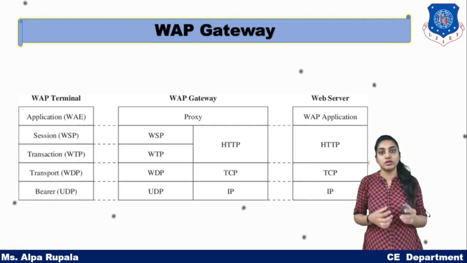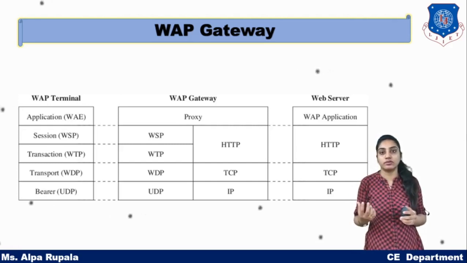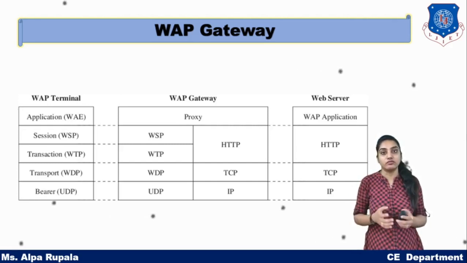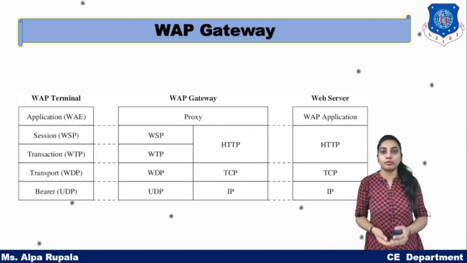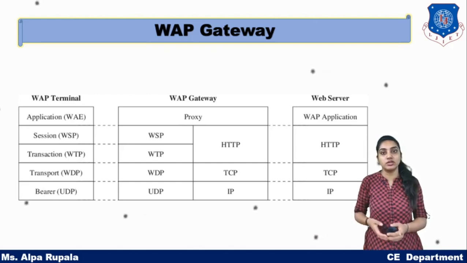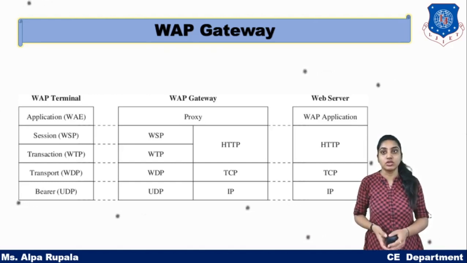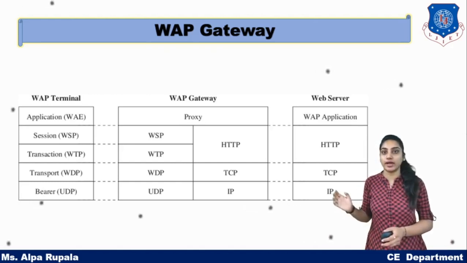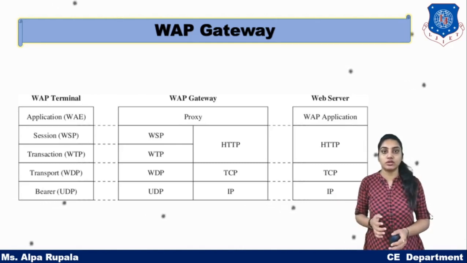Whatever your receiver, that is your browser, has received, we want our content in proper format, and that format will be converted by your web browser itself. So this is all the fundamentals of the web gateway: what the web gateway is and how it performs.